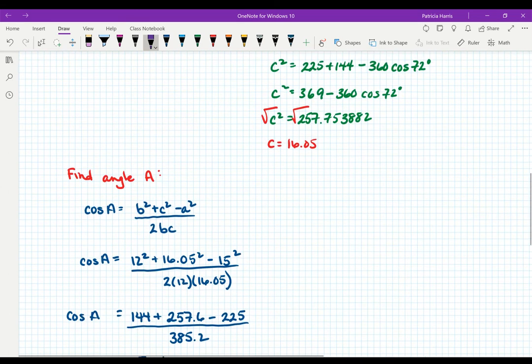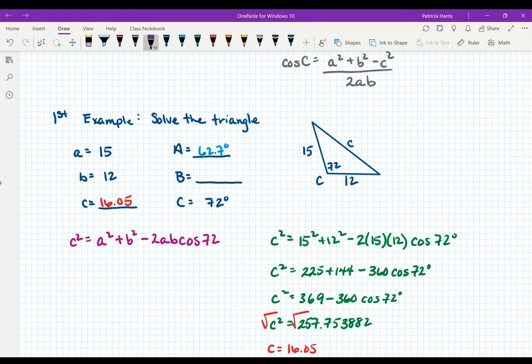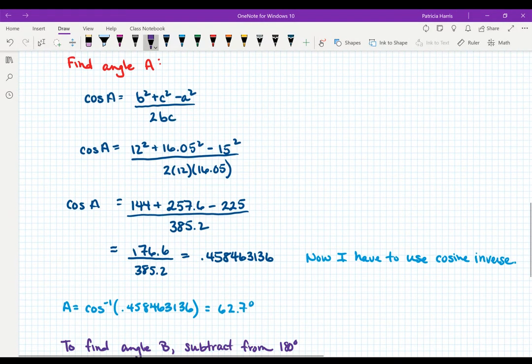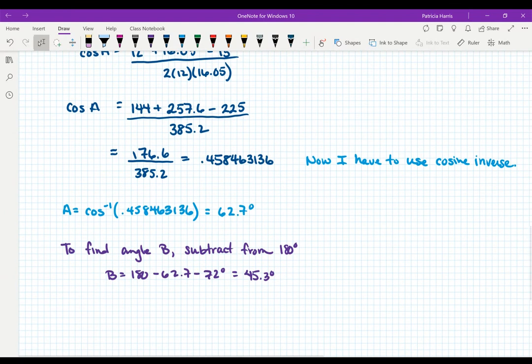And then you're done. Again, kind of a long process, but as you get used to it, it becomes a bit faster.